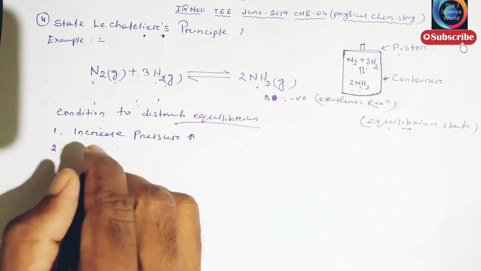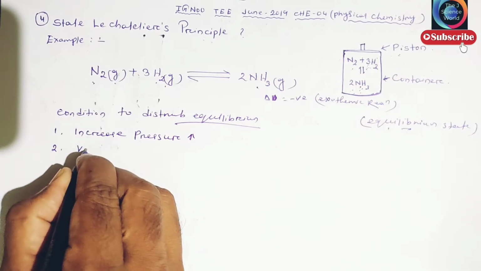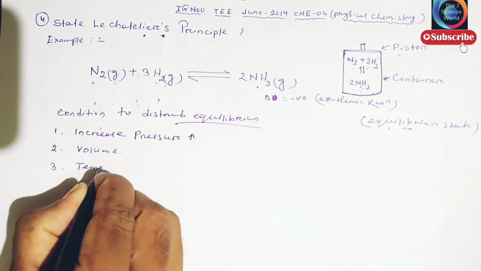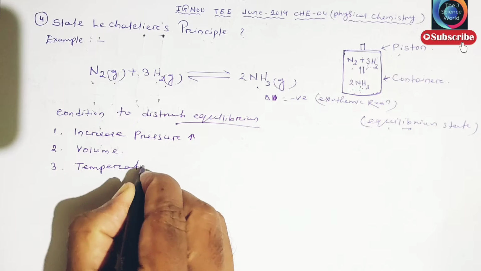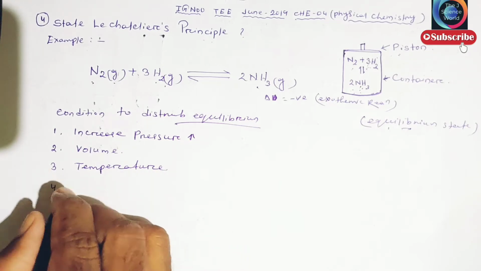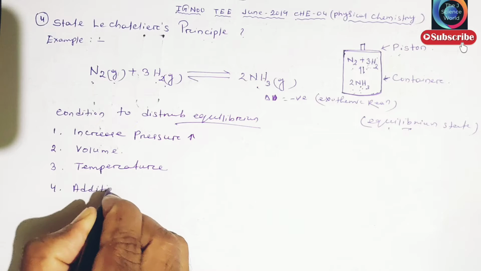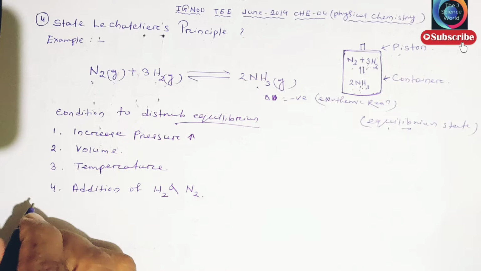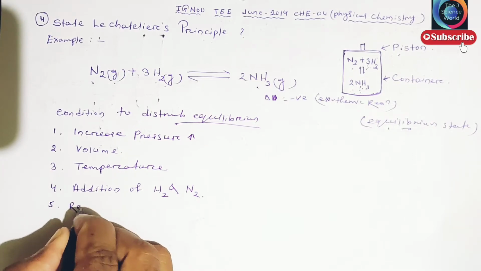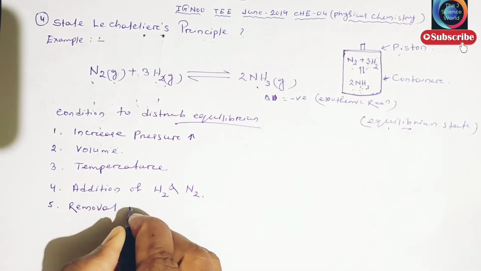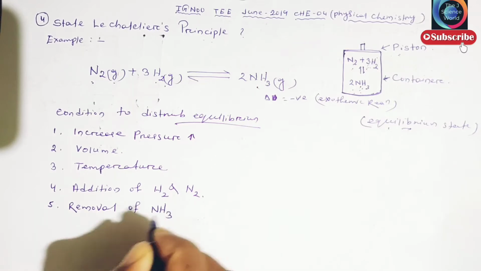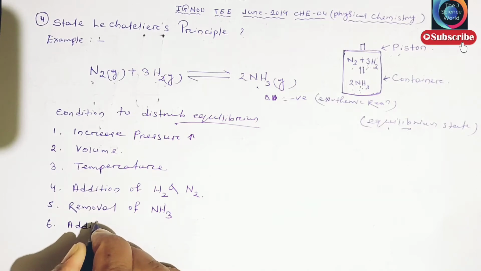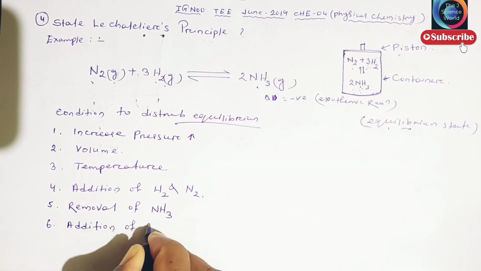Second one is increase or decrease volume. Third one is temperature. Fourth one is addition of H2 and N2, that is our reactants. Fifth one is removal of NH3. Sixth one is addition of water.